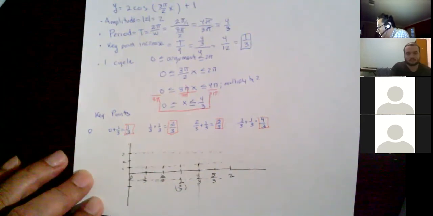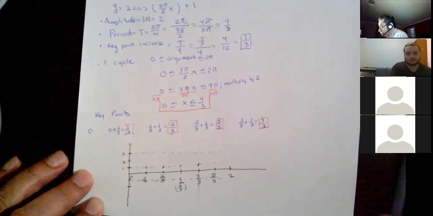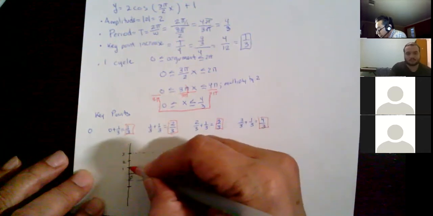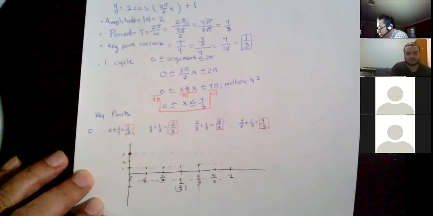All right? Okay, so we're ready to start drawing the cosine. Now, if we go back to the unit circle, notice that at 0, cosine starts at 1. So I'm gonna start right here.